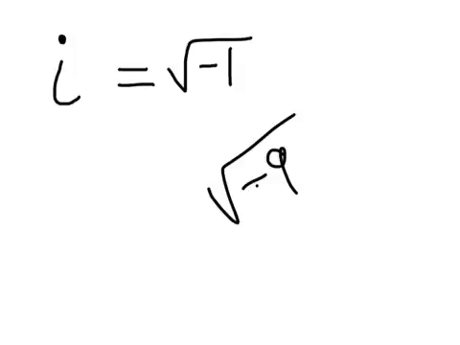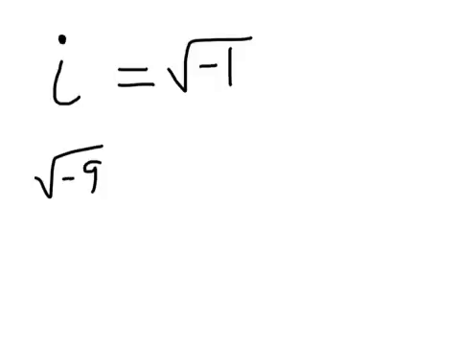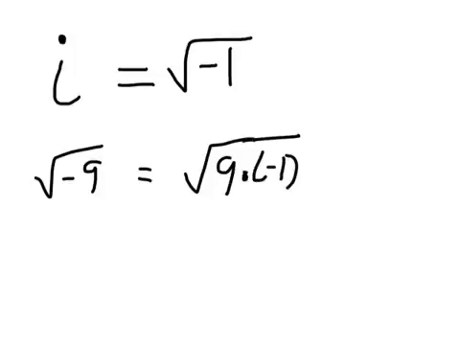However, now what we can do is break this down and say, instead of thinking of this as the square root of -9, let's think of this as the square root of 9 times -1, because 9 times -1 is -9. And using this unit of the imaginary number, we know the square root of 9, and we also know the square root of -1.